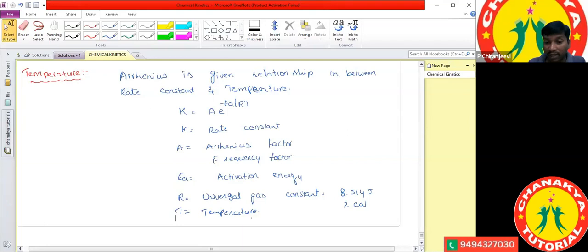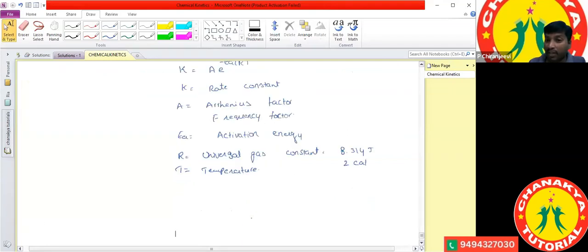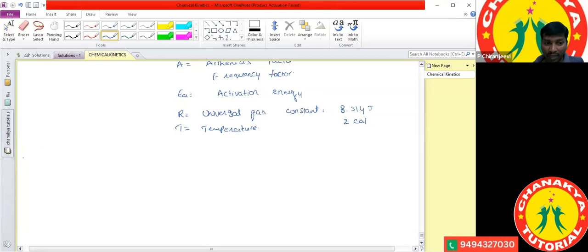According to the Arrhenius equation, point number one: if the temperature increases, the rate of reaction also increases.